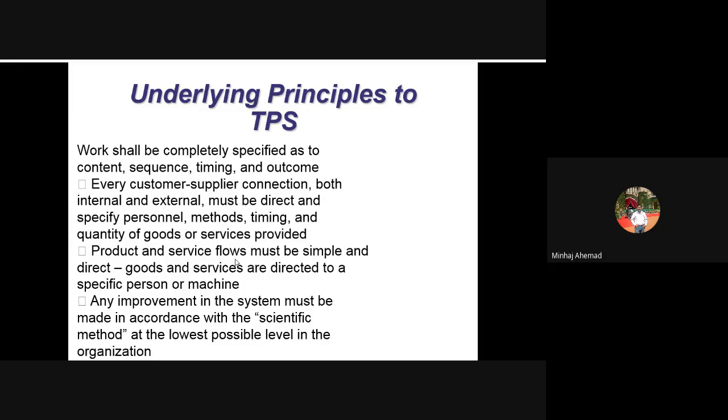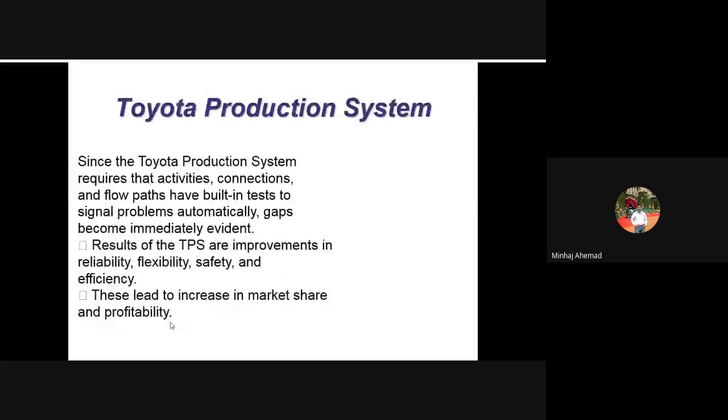Product and service flows must be simple and direct. Any improvement in the system must be made in accordance with the scientific method at the lowest possible level in the organization. The Toyota production system requires that activities, connections, and flow paths have built-in tests to signal problems, so gaps become immediately evident. The result is improvement in reliability, flexibility, safety, and efficiency.